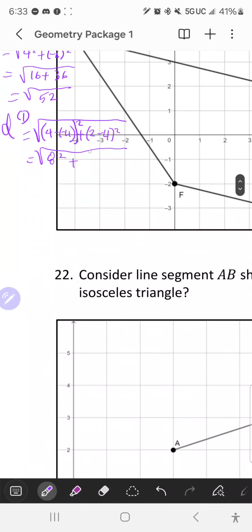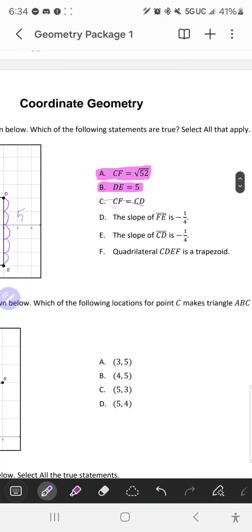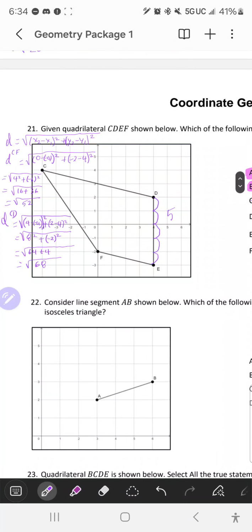So 4 minus 2 is 2, and since the 4 is negative, our result is -2, squared. 8 squared is 64, 8 times 8 is 64. -2 times -2 is +4, since negative times negative is positive. And we got the square root of 68. As you can see, this is false. They are not equal. The distance is not the same.